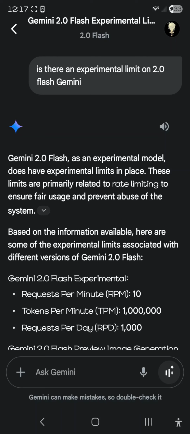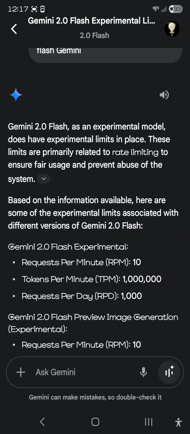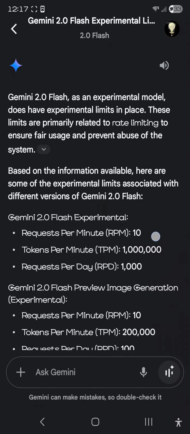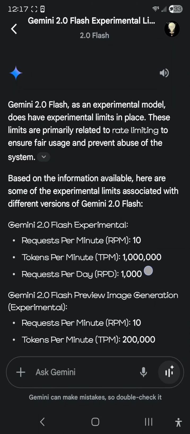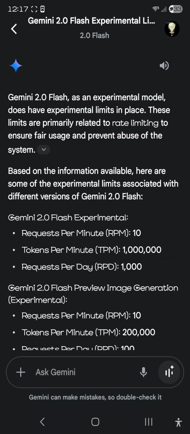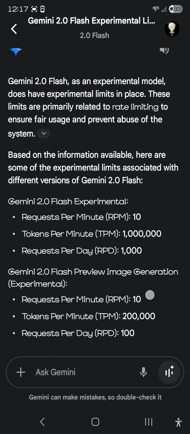So anyway, here is its answer. This is a long-winded answer. I'm not going to play it, but this is what it is. You can pause the video to look at it in more detail.